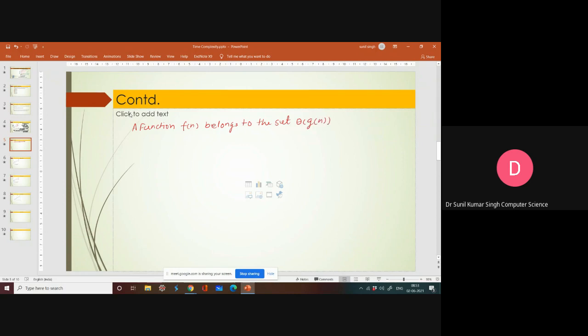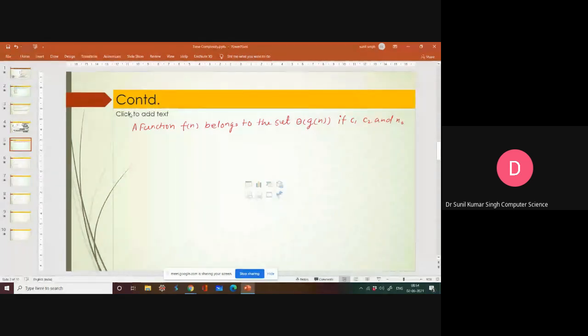You are already aware that this is why we call it a set. If there exist c1, c2 and n naught, then it is holding the condition for sufficiently large value of n.